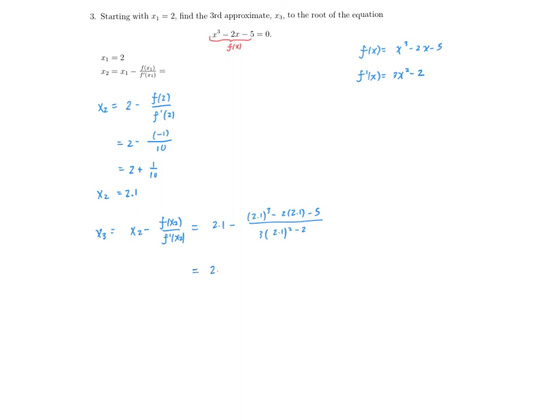And when I plug this all into my calculator, I get 2.0946. And that's exactly what we've been asked to find, the third approximate x3 to the root of this equation. So x3 is the given number, which completes the example as well as the material covered in this video.